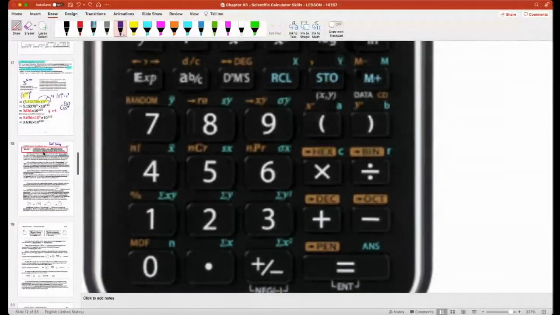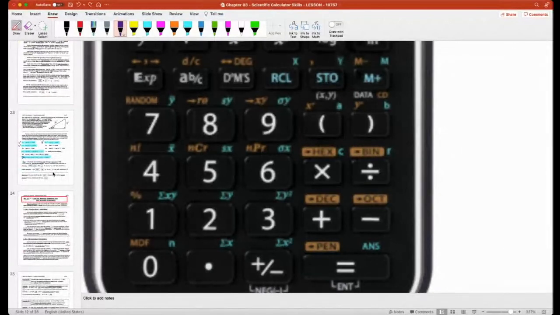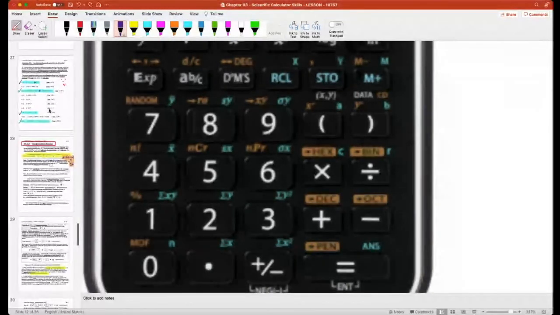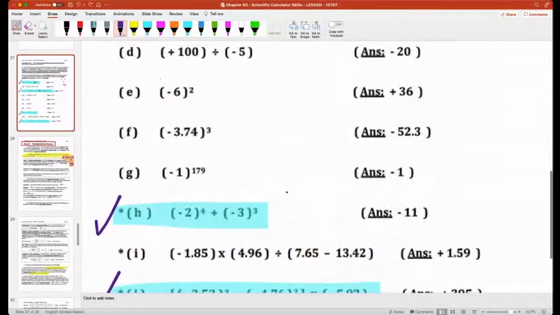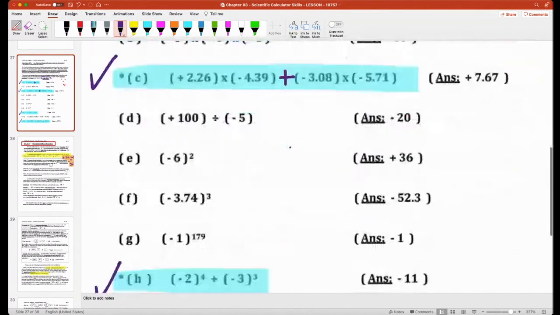When it comes to the rounding, I didn't read the question for its instruction there, so let's take a look. 3 sig figs, okay, Sanjit? 3 sig figs, if necessary. Yeah, all good.